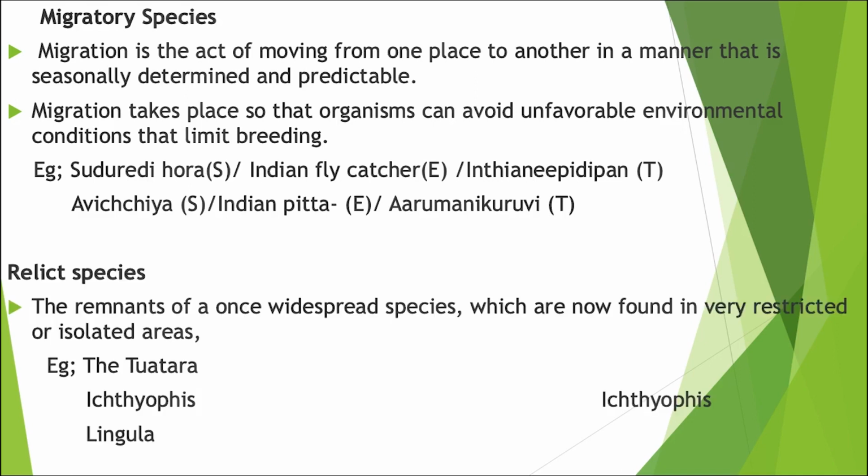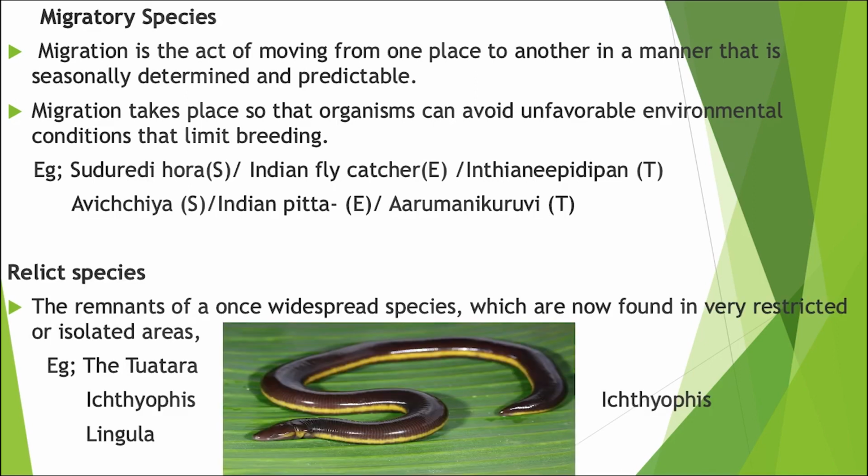Relic species are the remnants of a once widespread species, and they are now only found in very restricted or isolated areas. That is because the areas where those species were found have been lost in many parts of the world.